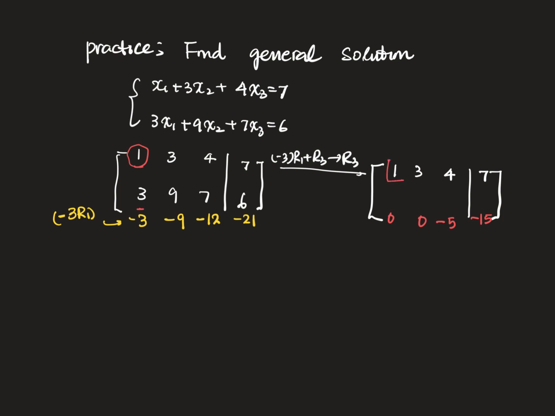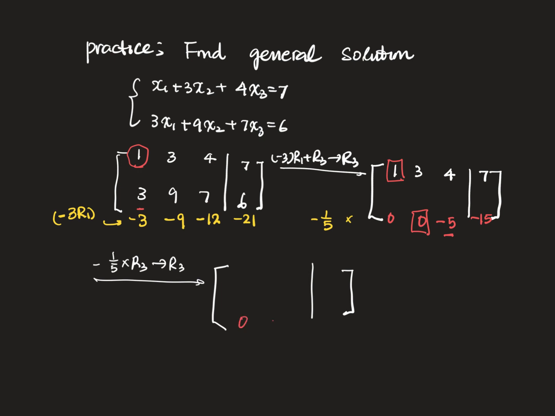Here is 1, here is a 0, right? So this should be 1, right? So how can we make this one? Times -1 over 5, right, guys? So let's do it that way. -1 over 5 times R3 goes to R3. So you have the second row 0, 0, 1, 3. The first row is 1, 3, 4, 7.